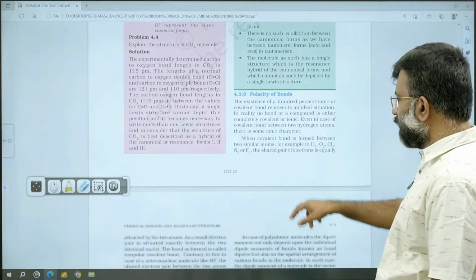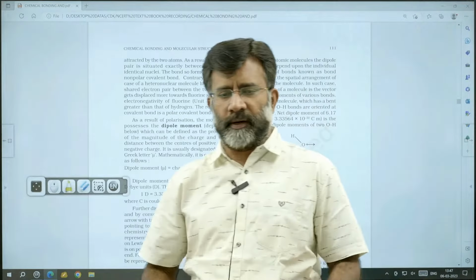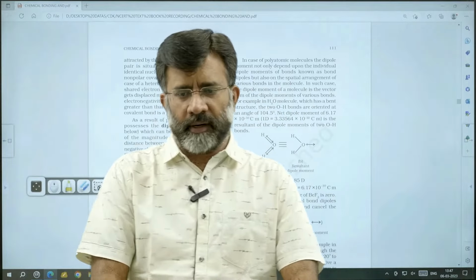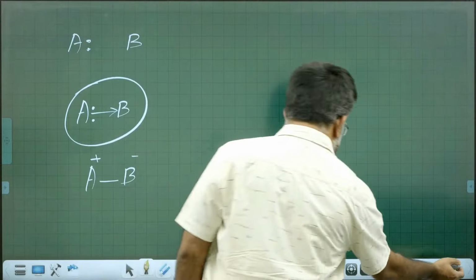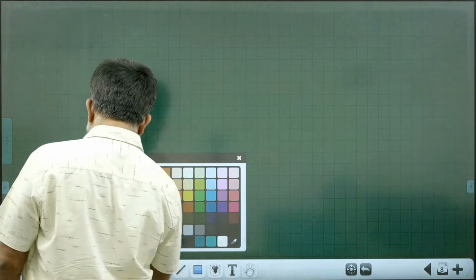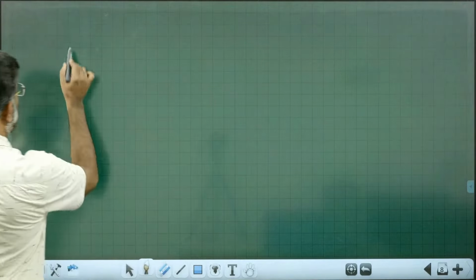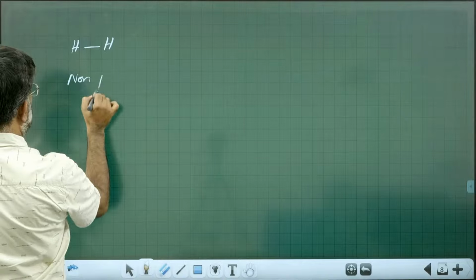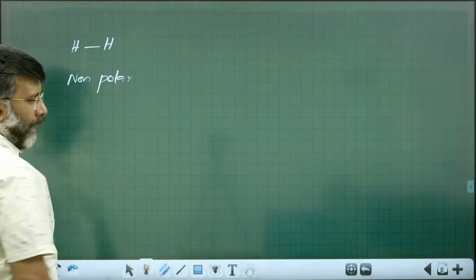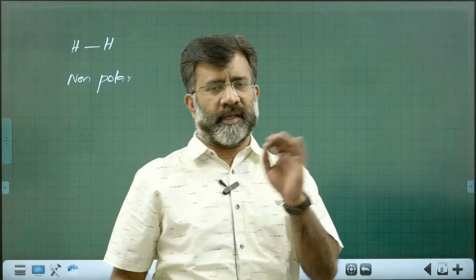Now polarity of the bond. What is meant by polarity of the bond? See, the bond can be polar or non-polar and the molecule can be polar or non-polar. Very simple example, if you take H-H, this is a non-polar molecule as there is no charge separation, same atoms.